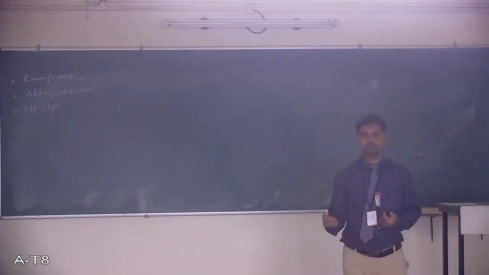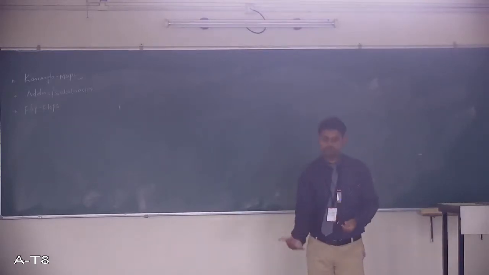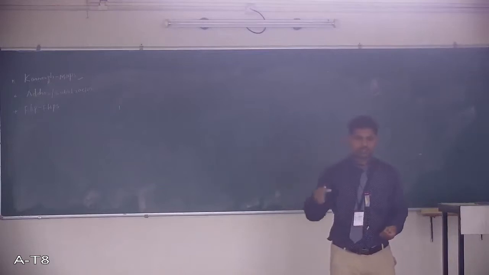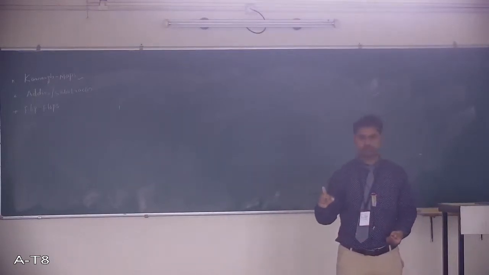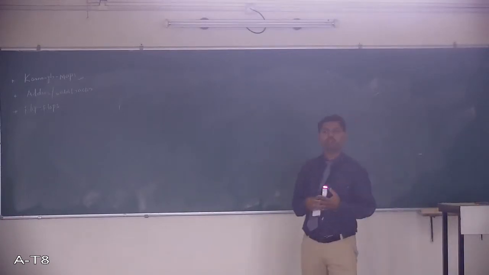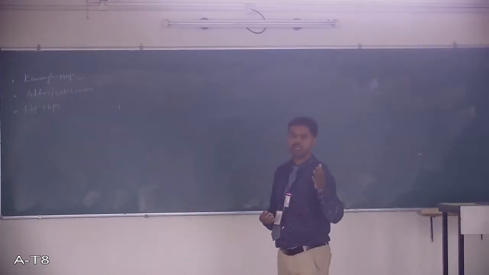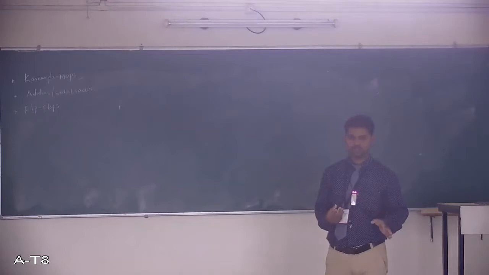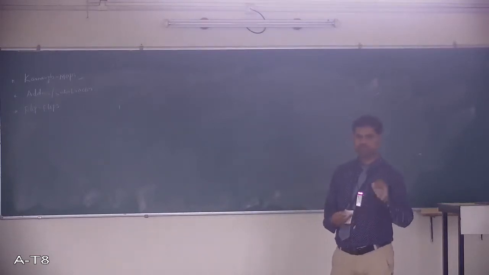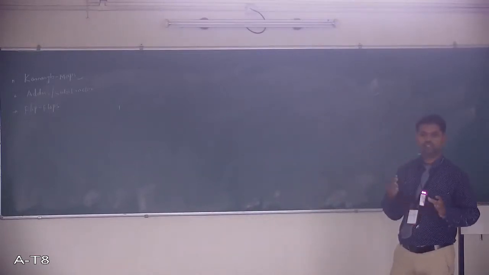Those circuits we call sequential circuits. So combinational circuits don't have any feedback, but sequential ones have feedback. You have a couple of differences among those two. But what I mean to say now is adder and subtractor are combinational, whereas the next part, flip-flop, is sequential. Just keep this in mind. You will find the difference in the design.